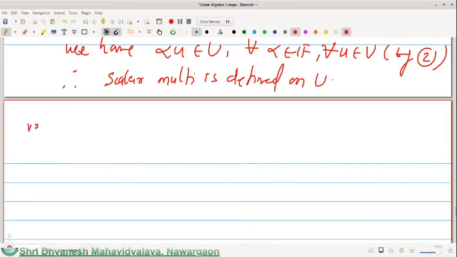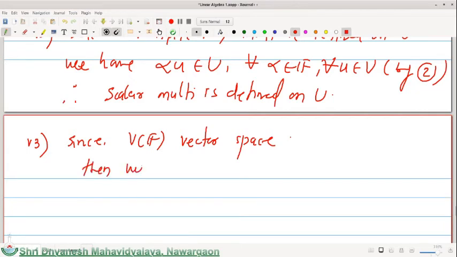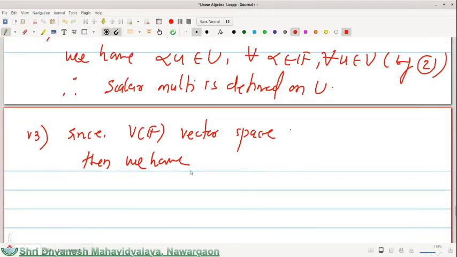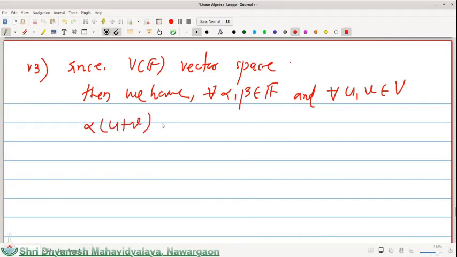Now we verify V3. Since V is a vector space, then we have for all alpha, beta belongs to field F, and for all u, v belongs to V, alpha into u plus v is equals to alpha into u plus alpha into v.